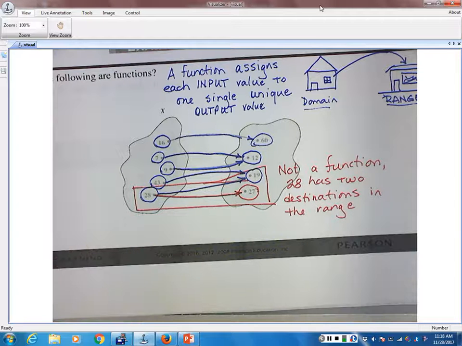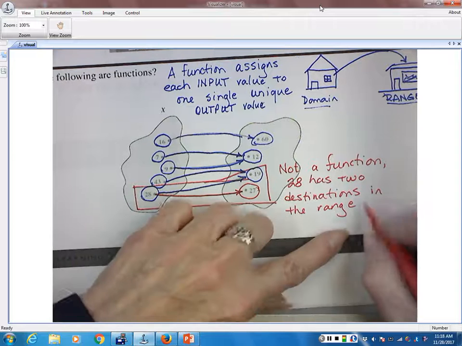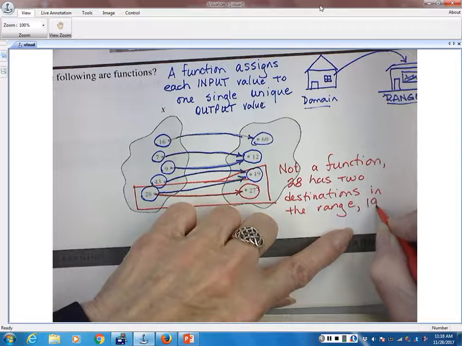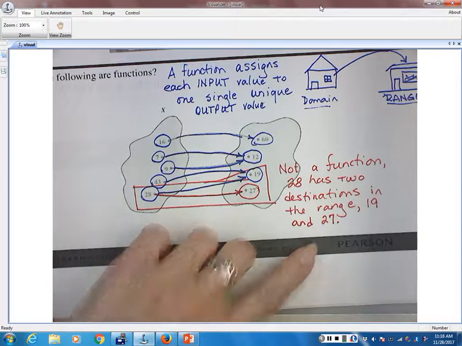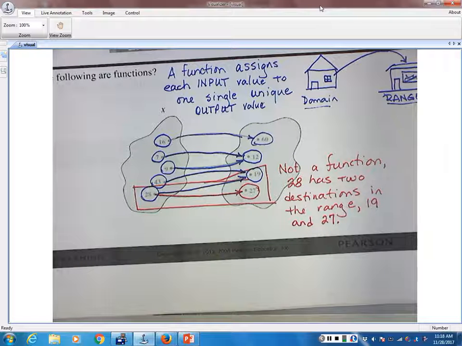Not a function because 28 has two destinations in the range. Sometimes it goes to 19, and sometimes it goes to 27. So it messed up the function picture for everybody. Okay? It only takes one exception.